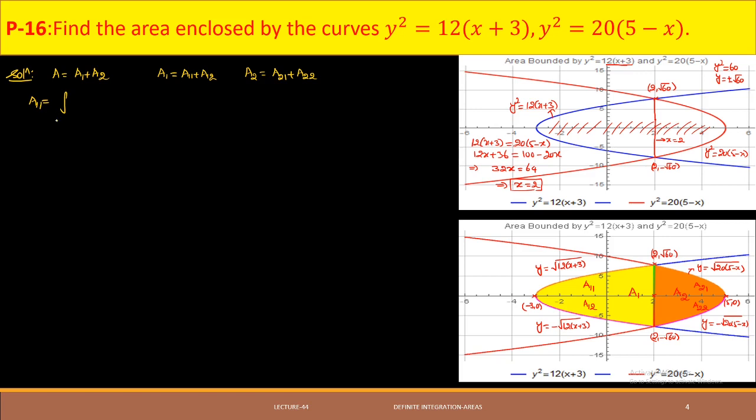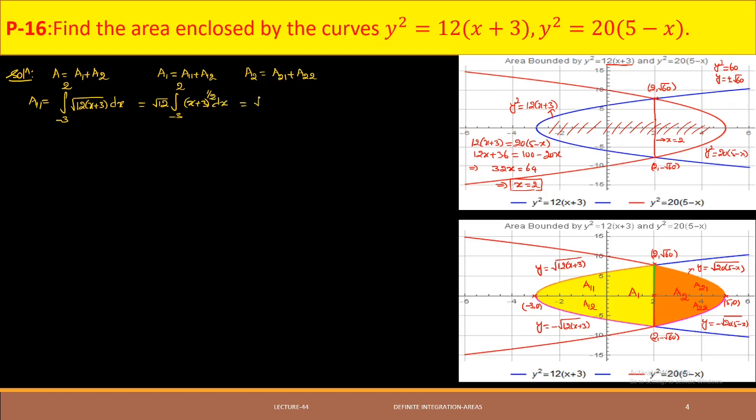So the integral is from minus 3 to 2 of the integrand under root 12 into x plus 3 dx. Taking out that root 12 outside of the integral, this becomes integration from minus 3 to 2 of x plus 3 whole to the power 1 by 2 dx.